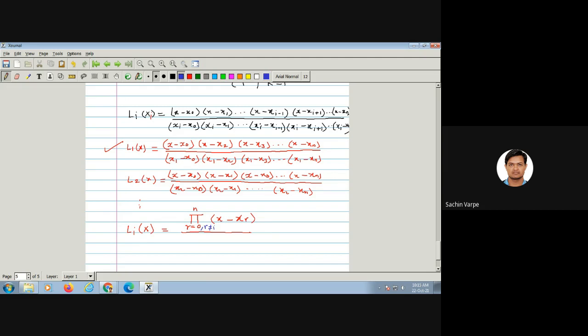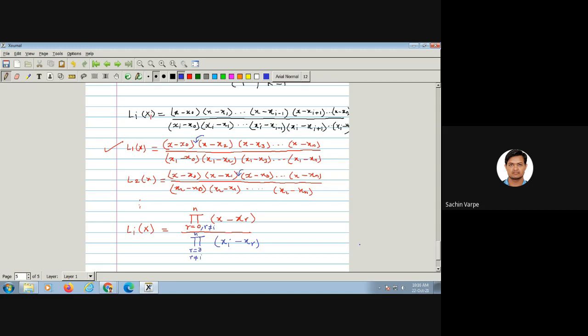You can see here, in one place we have not considered x minus x1, and here we have not considered the x minus x2 term. Upon the product of xi minus xr, where again r varies from 0 to n, and r is not equal to i.